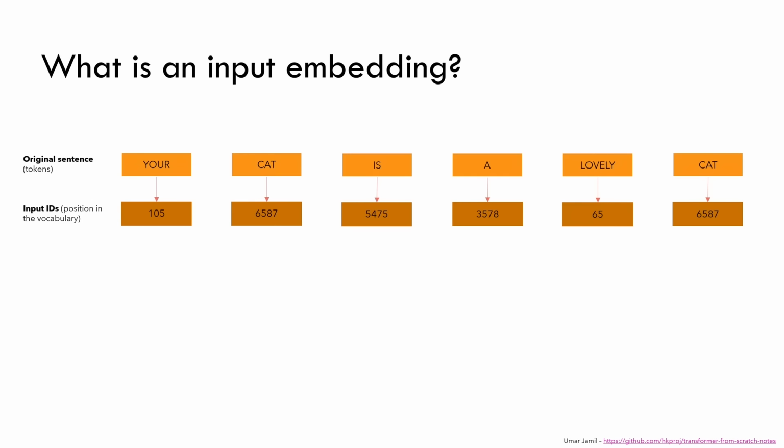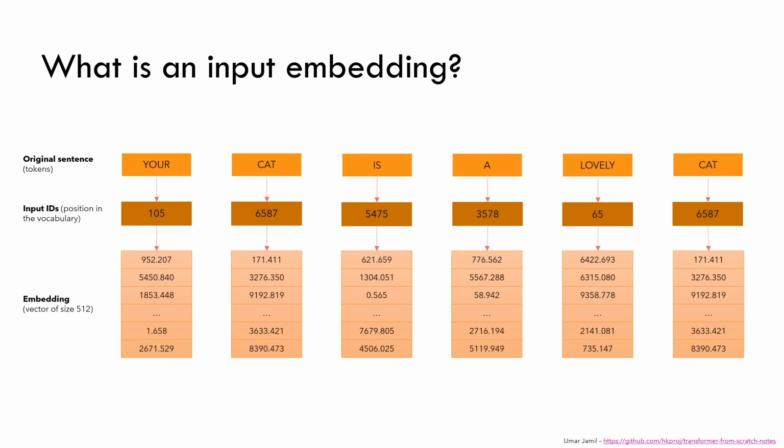We take these numbers, which are called input IDs, and we map them into a vector of size 512. This vector is made of 512 numbers, and we always map the same word to always the same embedding. However, these numbers are not fixed. They are parameters of our model. So our model will learn to change these numbers in such a way that they represent the meaning of the word.